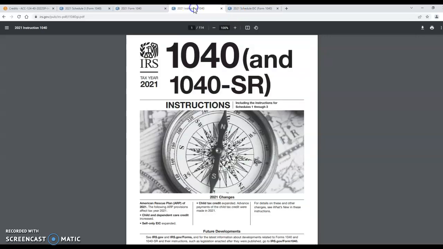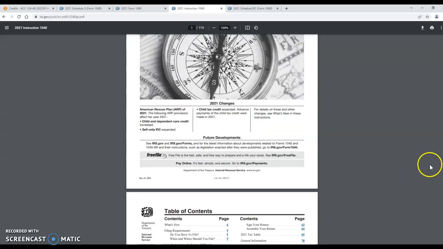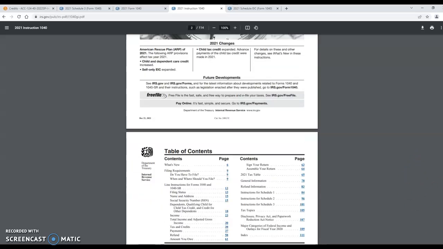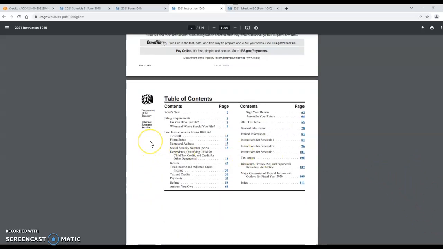What we need to do is first determine if John Doe qualifies himself as the taxpayer, and then which, if any, of his dependents qualify him for earned income credit.